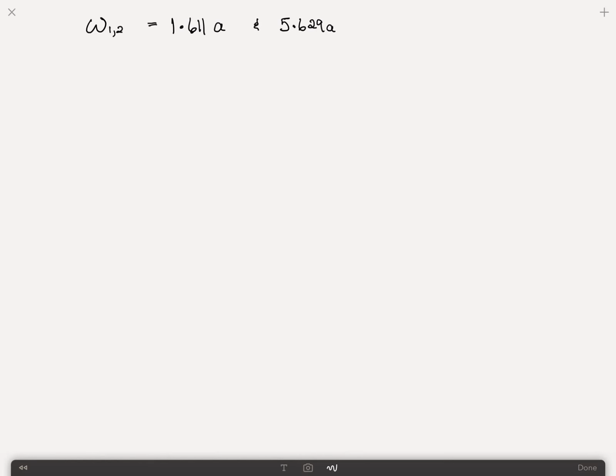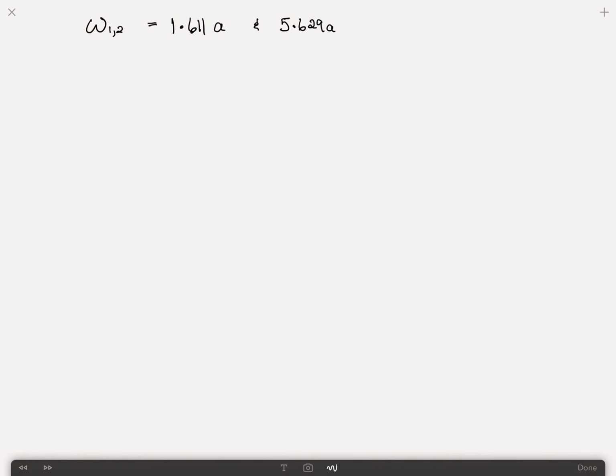Obviously, since a is positive, this 1.611a is the fundamental frequency. And by the way, let me remind you that that compares with the single element, where we got 1.732. So this is slightly lower.